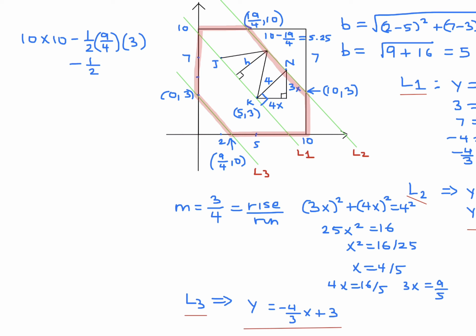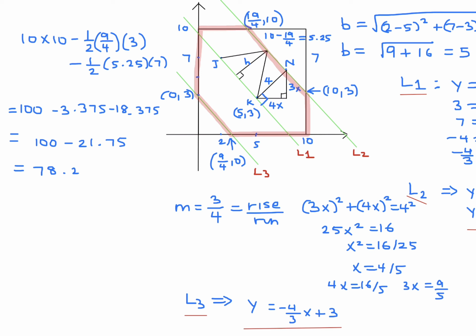Okay, so that triangle would be 1/2 base times height. The base is 5.25, and the height is 7. All right, so let's do this. This is 100 minus 3.375 minus 18.375, and that is equal to 100 minus 21.75, and that is 78.25.